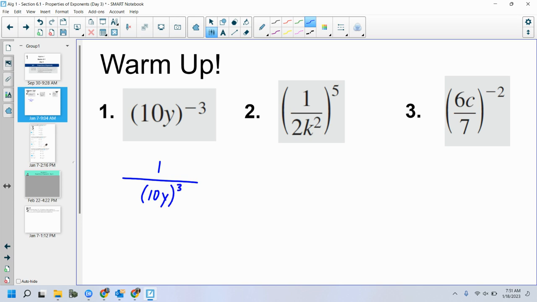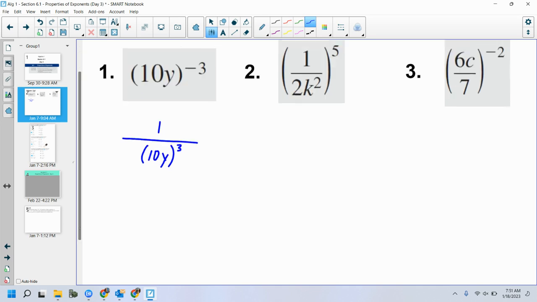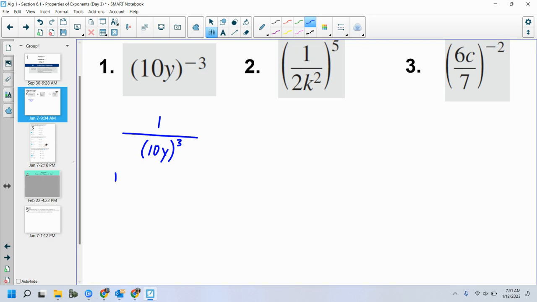Now, can I leave it like that? No. There is an exponent acting on 2 things. What am I going to tell you to do with that third power? Distribute it. So I'm going to distribute that in, and that's going to be 1 over 10 to the third y to the third.